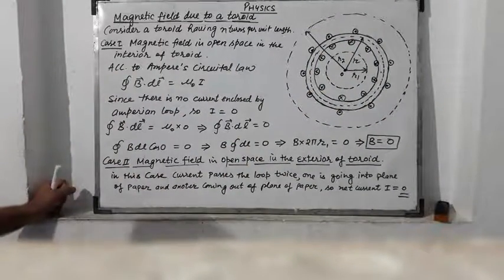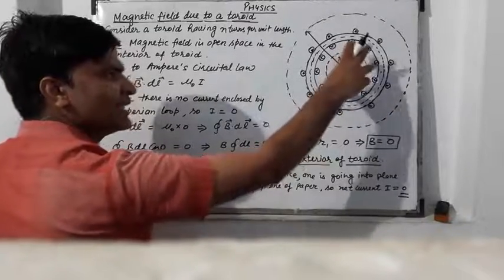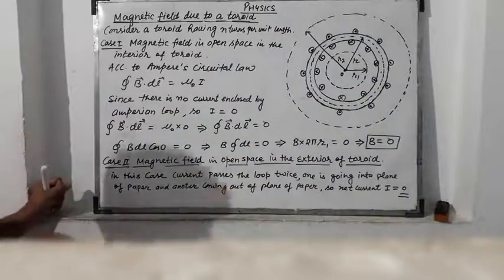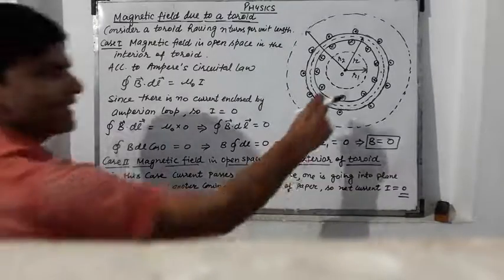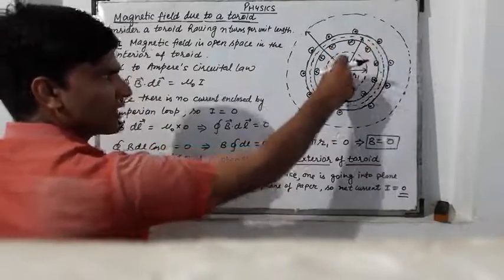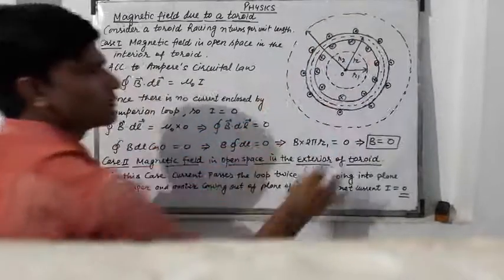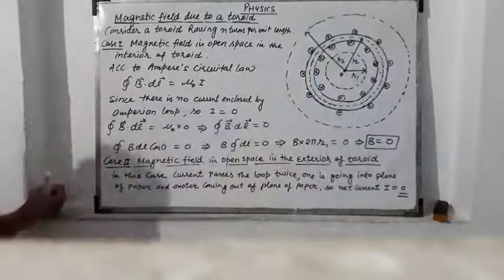For the first, in the interior of the toroid, the radius of the Amperian loop is R1. Inside the toroid, the radius is R, and outside the toroid, the radius is R2.